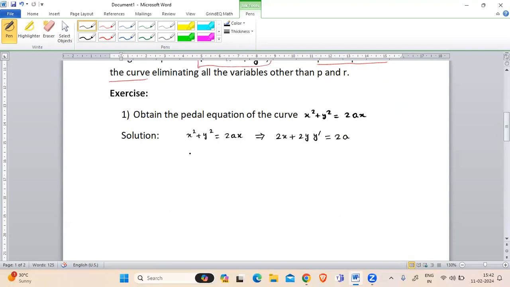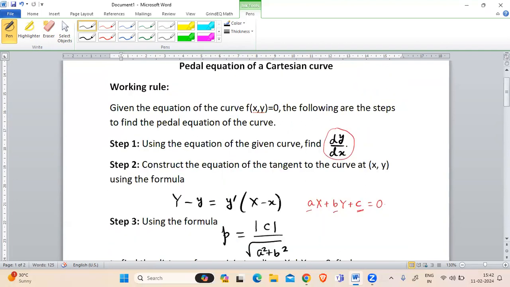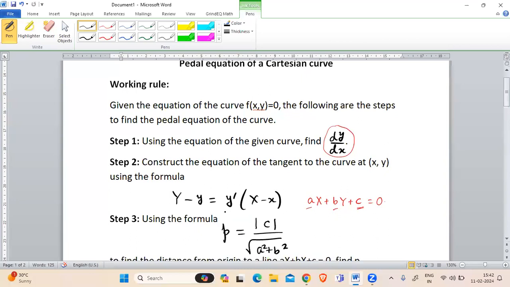Now this can be rewritten so that we get y' on the left-hand side and everything else on the right-hand side. The 2 gets cancelled everywhere, and we are left with y' = (a - x) / y. So this completes the first step. Now moving on to the next step, we obtain this equation.